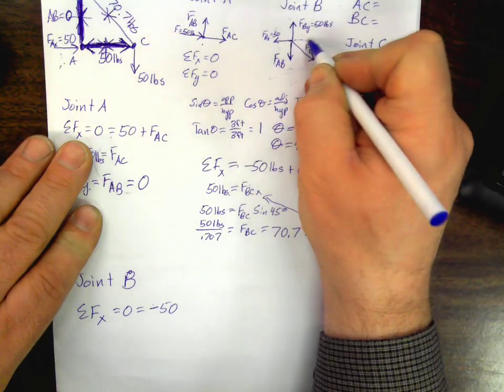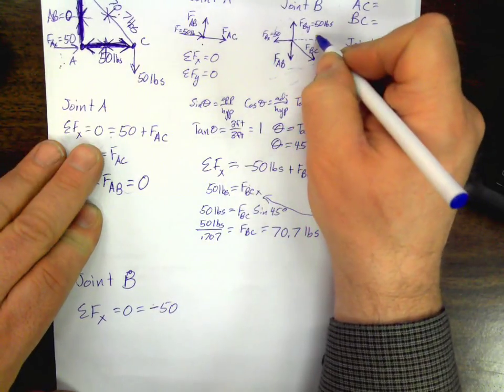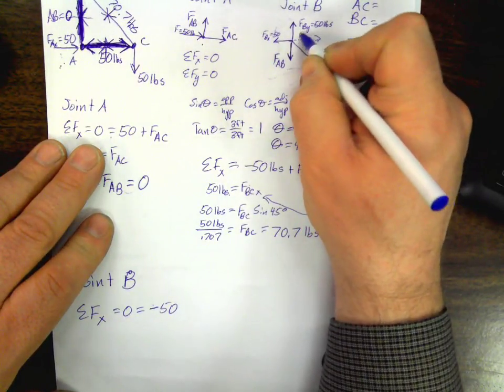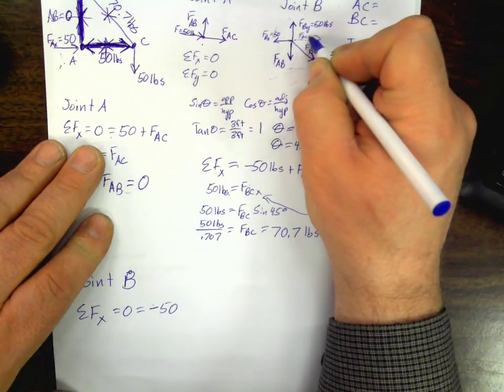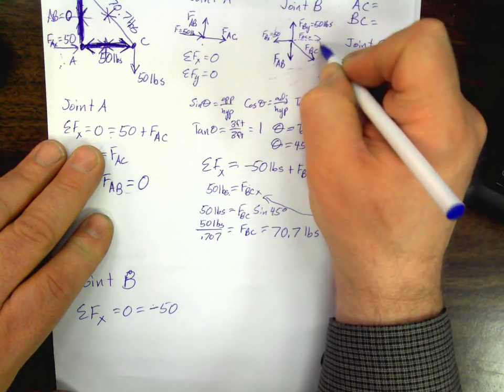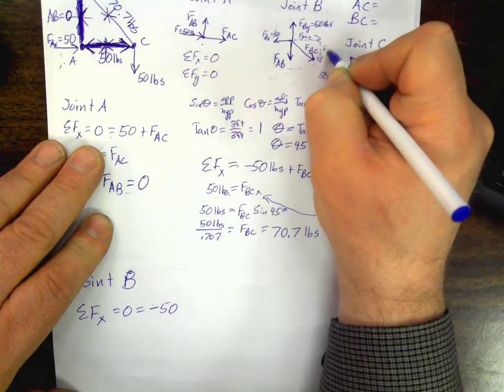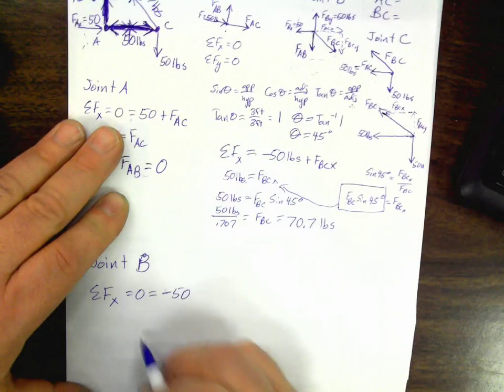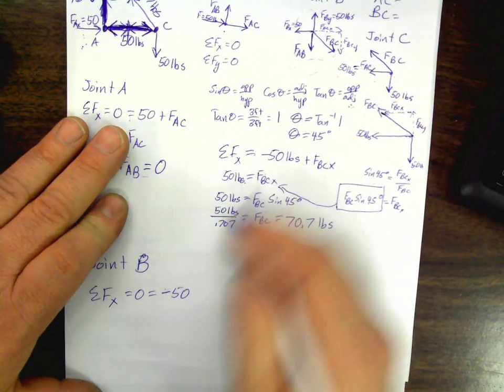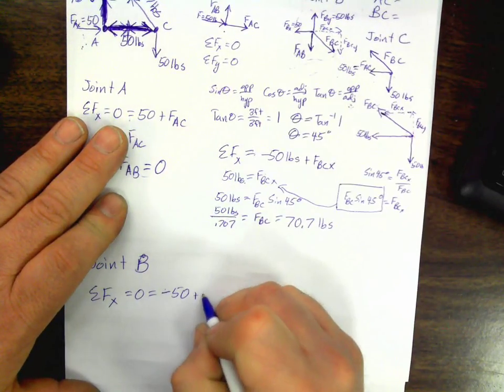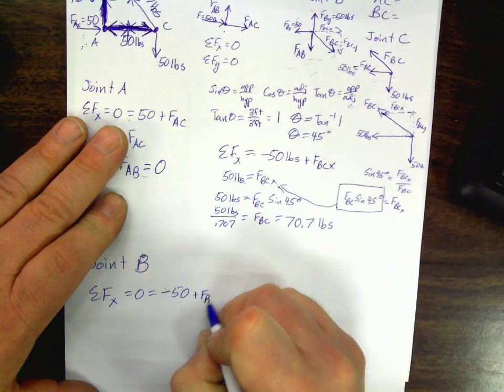equals the opposite over the adjacent. Now in this case, the sine of theta equals the opposite, force of BC in the y over the hypotenuse, which is the force of BC.